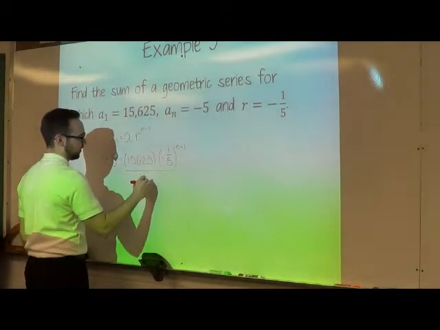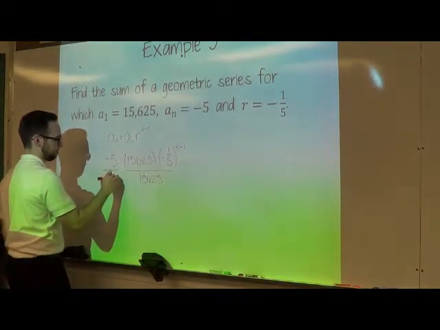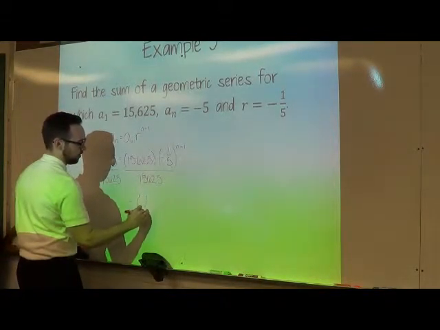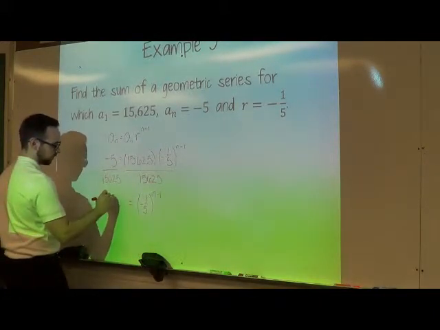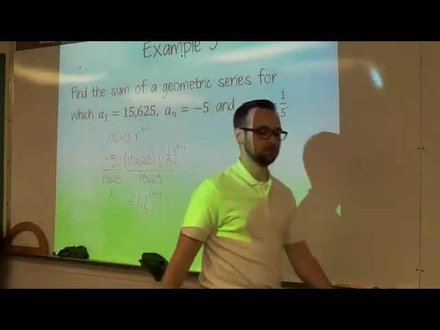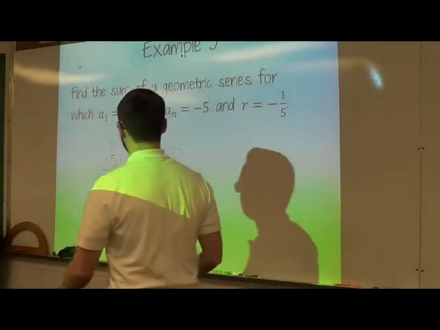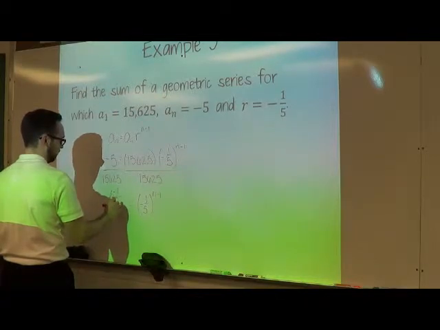So I divide by 15,625, and we end up with (negative 1/5) to the n minus 1. And over here, when we reduce this, we end up with negative 1 over 3,125.